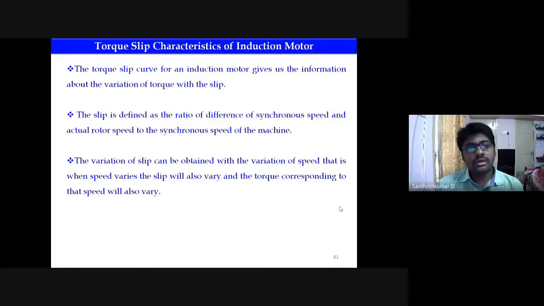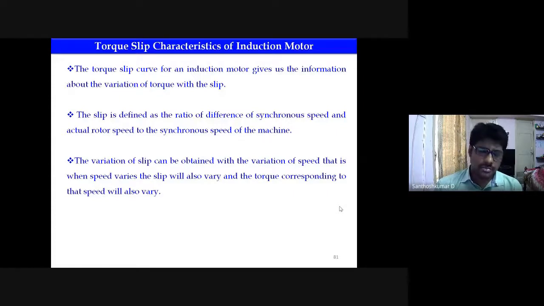If we want to control the speed, or if we want to analyze the data of particular parameters, then we need the characteristics between one variable and another, because in an induction motor torque is the major thing that produces the speed.